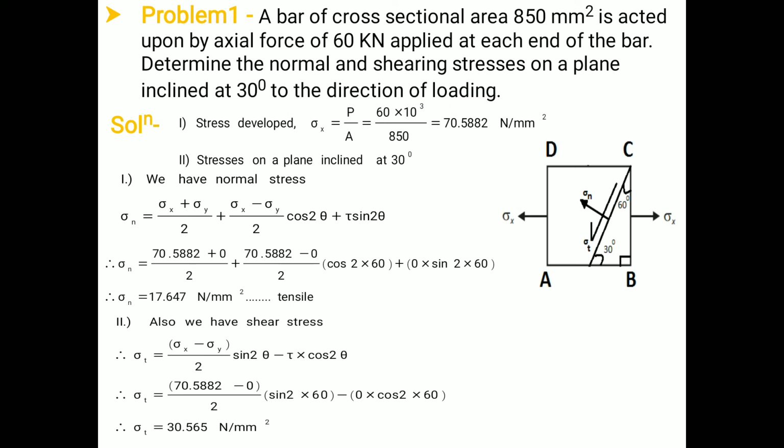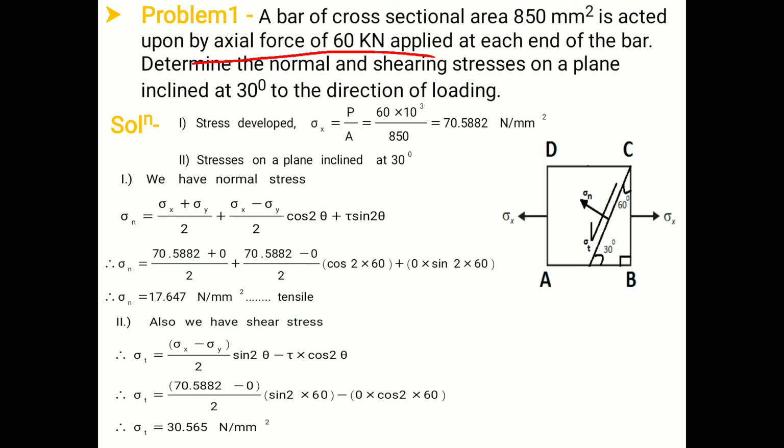So how do we proceed to solve the numerical? In the statement, the value of axial force is given, 60 kN applied at each end of the bar. We have to find the value of stress from this load condition and the given area, because we have to convert our problem into stresses.